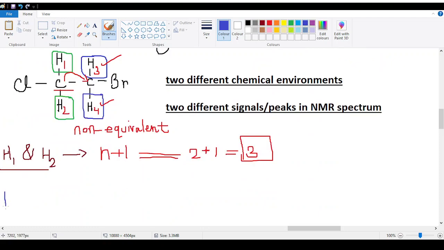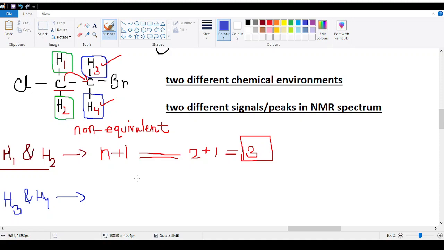Now let's talk about the other two hydrogen atoms, which are hydrogen 3 and hydrogen 4. Remember, now I'm looking at different hydrogen atoms, right? So for 3 and 4, who is the neighbor?